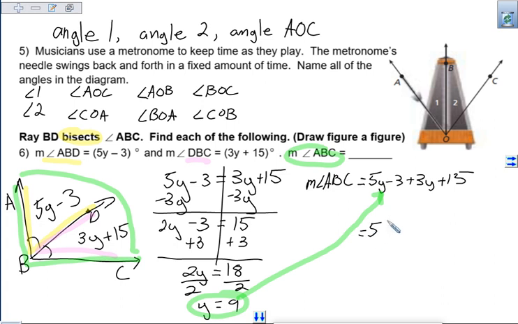So 5 times 9 minus 3 plus 3 times 9 plus 15. Notice I substituted into both y's. And that equals 84 degrees. It's the measure of angle ABC.